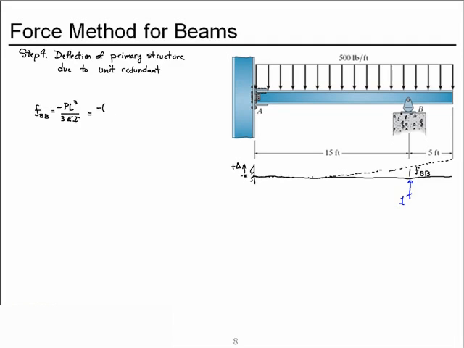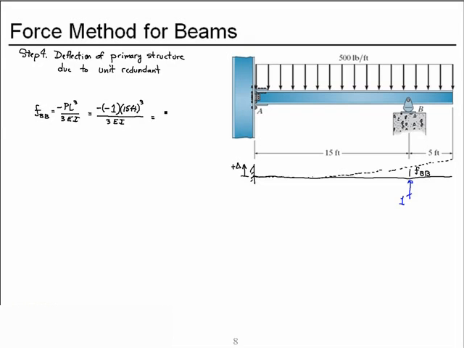We chose to use the formulas in the front of the text, and that means up is a positive deflection. The formula that we obtained from the front cover of the text here has P drawn down. So since ours is drawn up, we have a negative 1. Remember, it is the distance to the applied load, 15 feet. All of that over 3 EI.